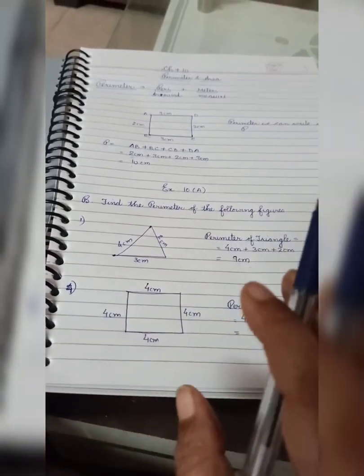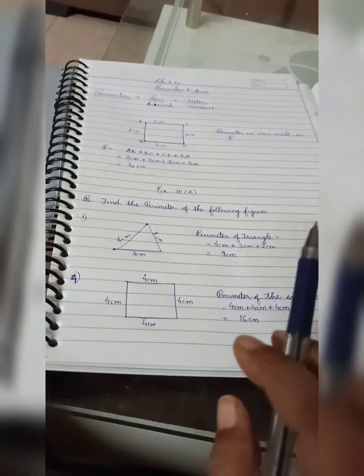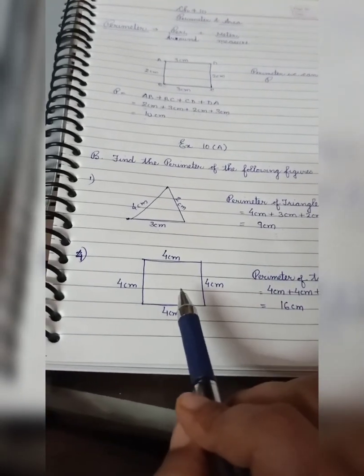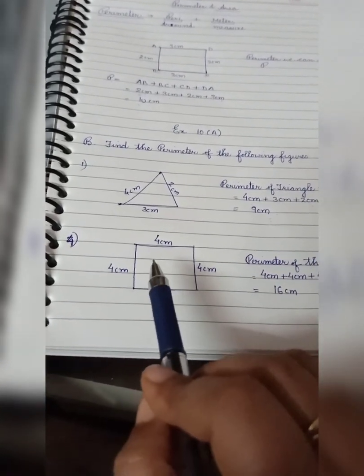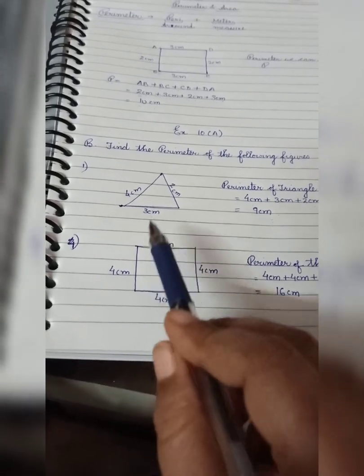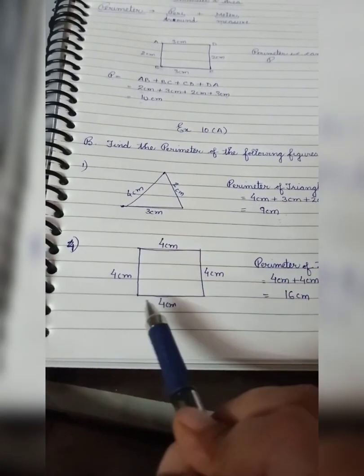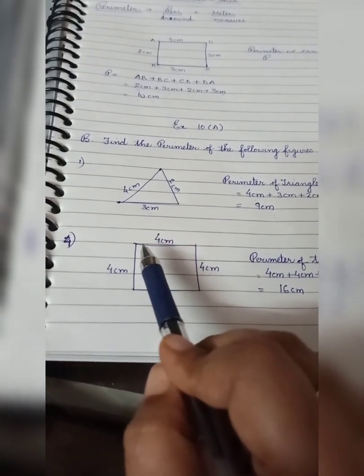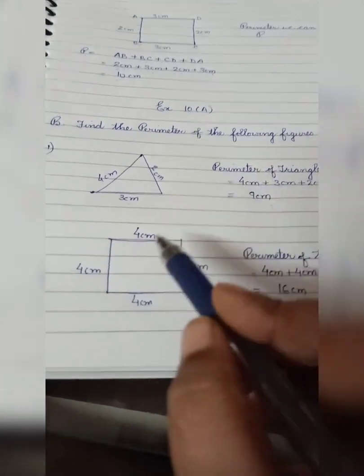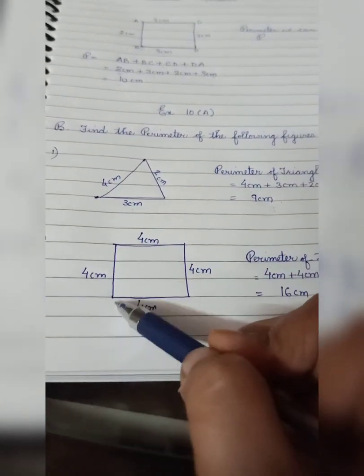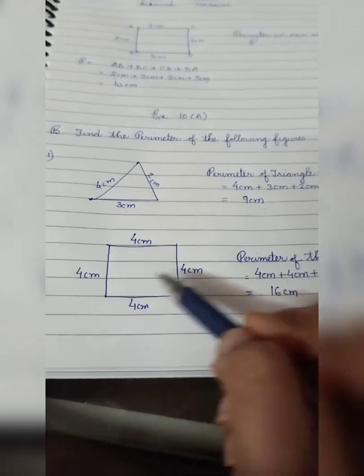But here I am not telling you about the formula of perimeter, because in this class you will do it directly by adding all the sides. When you have to find the perimeter, you have to add all the sides of the figure only. Nothing else you have to do. Okay. So what is the first side of the figure? 4 centimeters.